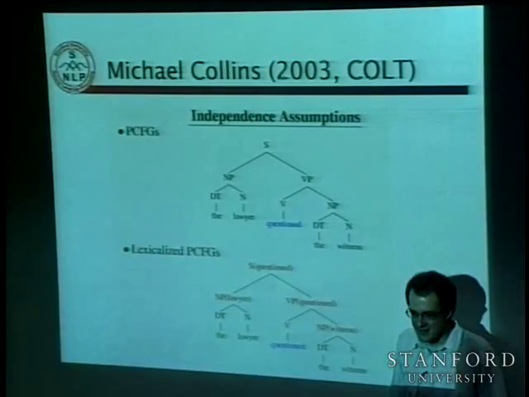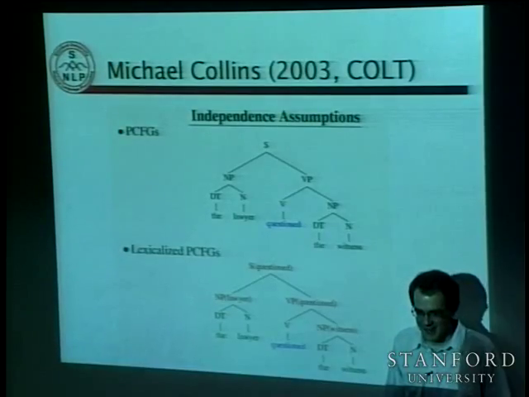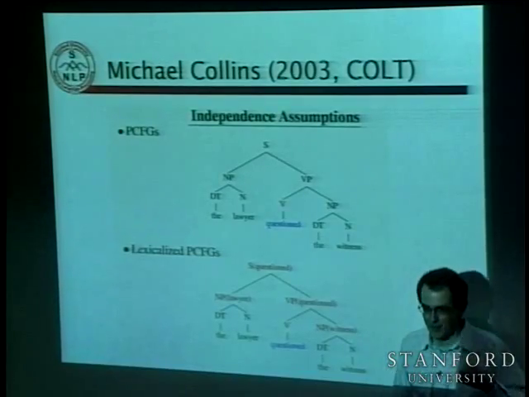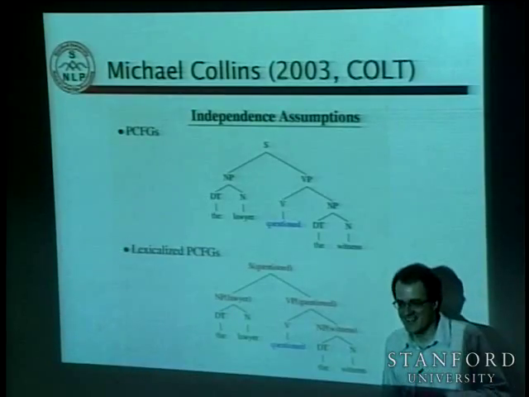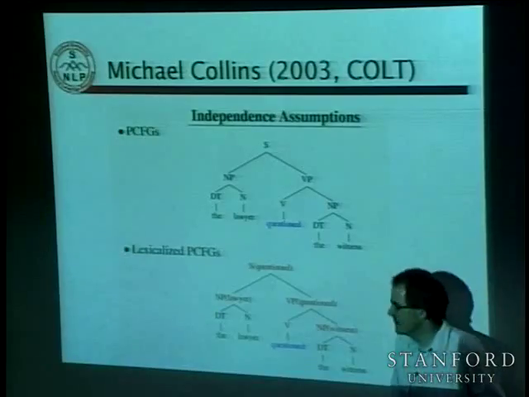This seems bad news from an implementational perspective, because the number of non-terminals in the grammar would now be humongous. It's the size of the previous set of non-terminals times the number of words in the grammar. So you have to do clever stuff for a lexicalized grammar to make it tractable, and so we don't do that for the assignment.